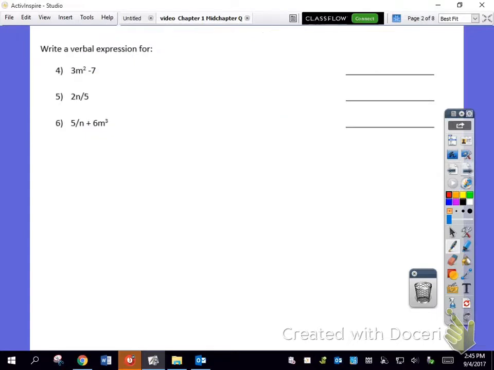Alright, number 2, this time we're going to do the opposite. So we're going to take an algebraic expression and we're going to write it verbally, like how would you say it? You always start from the left, always, always, always. 3 next to that means times. So I'm gonna write mine out. So 3 times m.